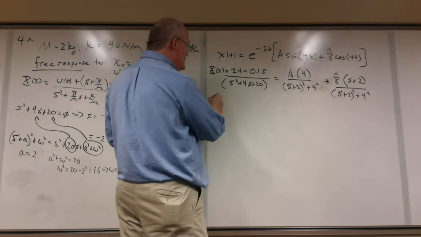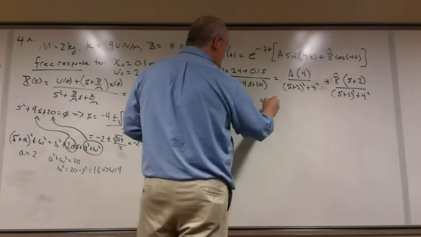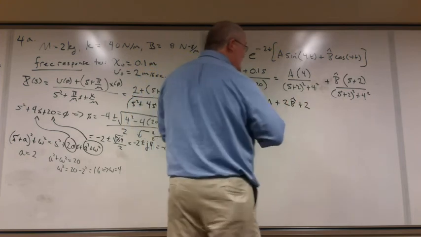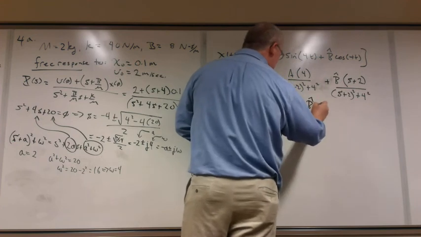What I can say is that 2.4 plus 0.1 s is equal to 4a plus 2b hat plus b hat times s. Like that.